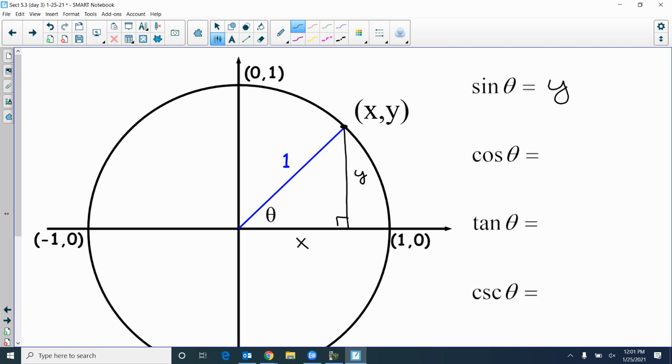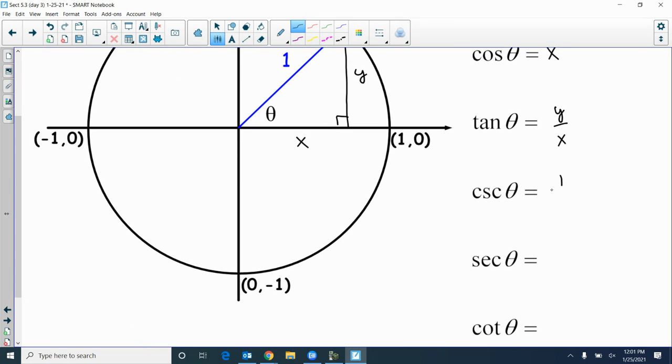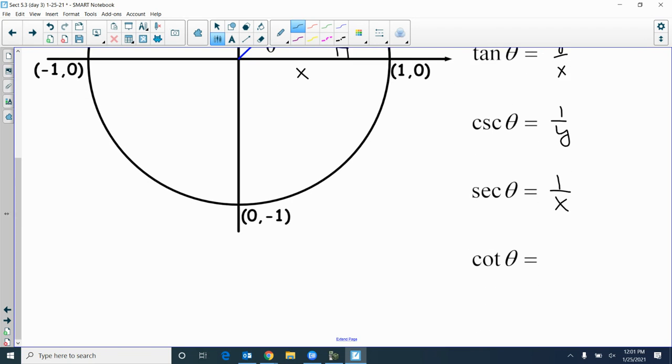Cosine of theta, we said, was x. Tangent, y over x. Cosecant, 1 over y. Secant, 1 over x. And then cotangent, x over y. I think that's all the further we got. Correct?